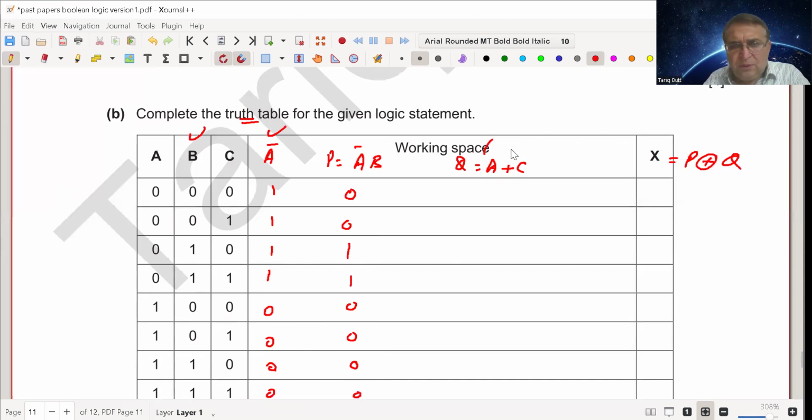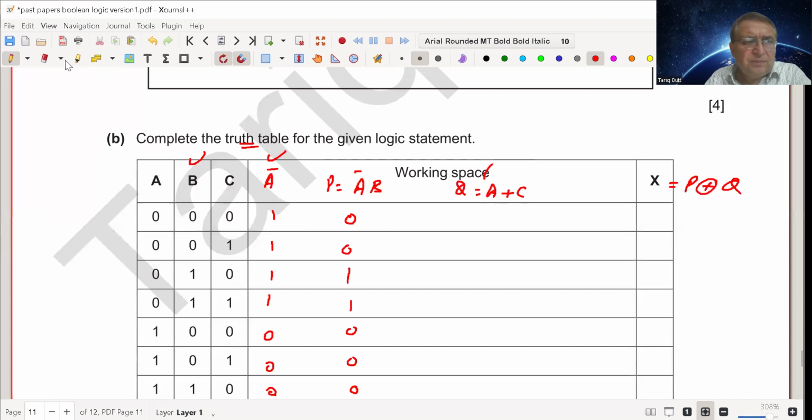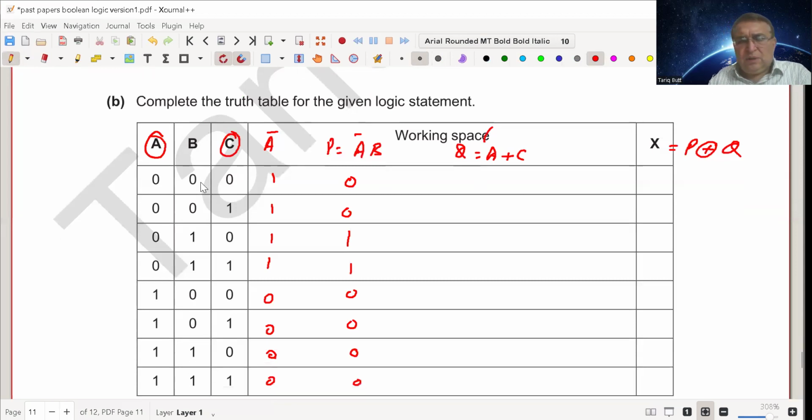Next Q. What is Q? Q is A or C. So you have to OR these two columns, A or C. And you know output of OR gate is 0 only when both of its inputs are zeros. So 0, 0, so output is 0.